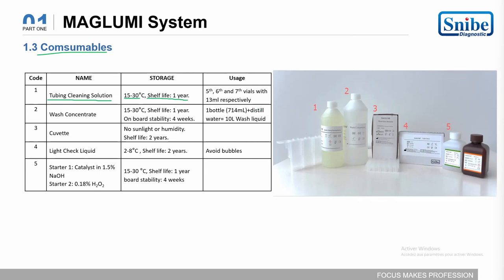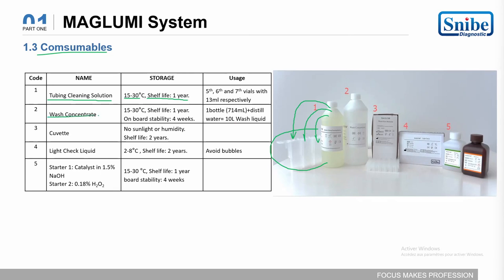We use it together with an empty kit: we input 13 milliliters in vial 7, 13 in vial 6, and 13 in vial 5, and load it in the reagent area. Then run the maintenance every month using this tubing cleaning solution.